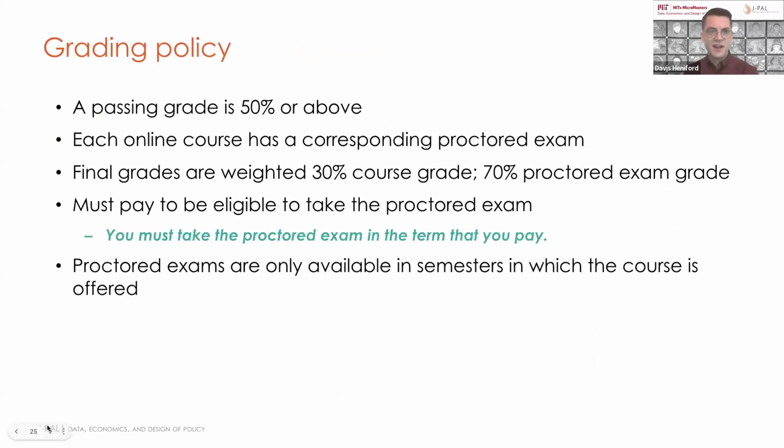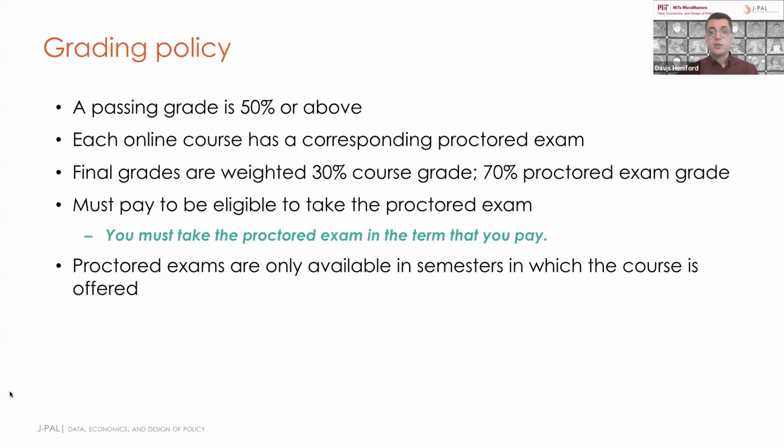All right. Finally, I'm just going to spend a little time talking about the grading policy for the courses. As I mentioned, each course has a proctored exam that must be taken in order to receive a certificate for a course. A passing grade in every course is 50%. These proctored exams are offered in the same semester as the courses are taken.